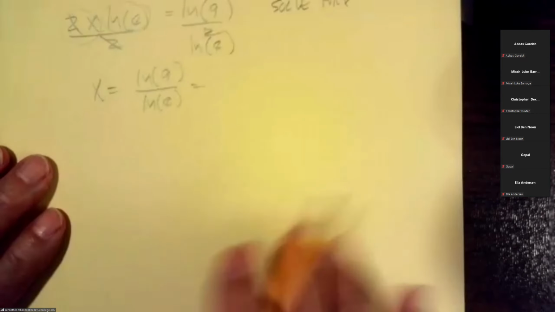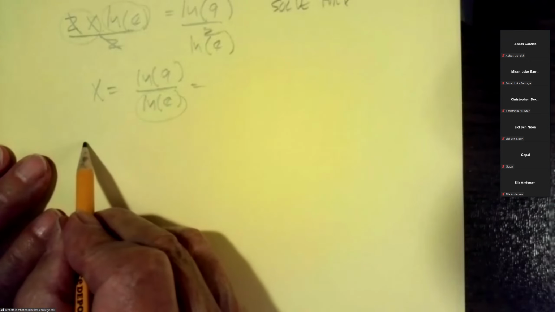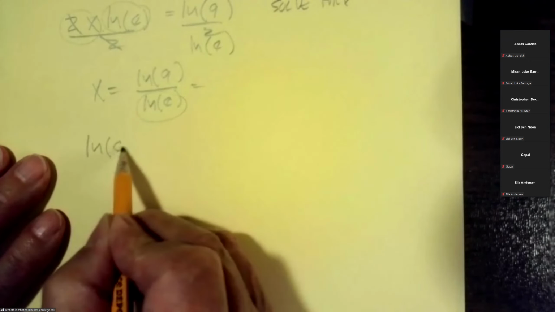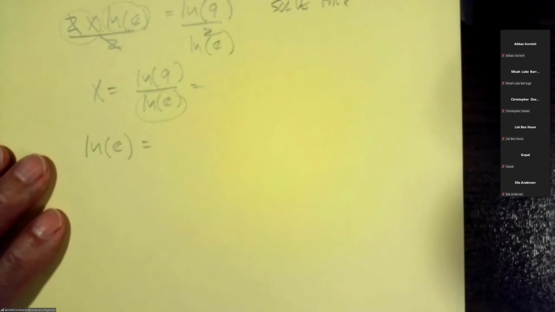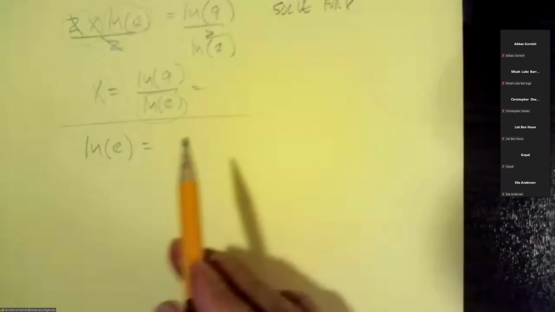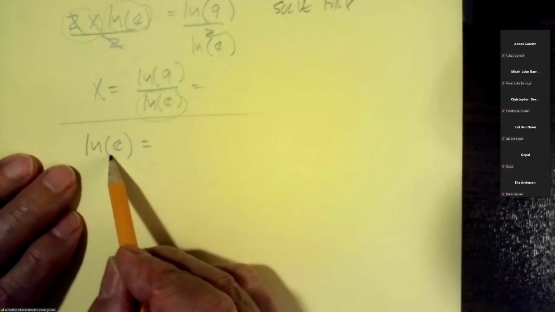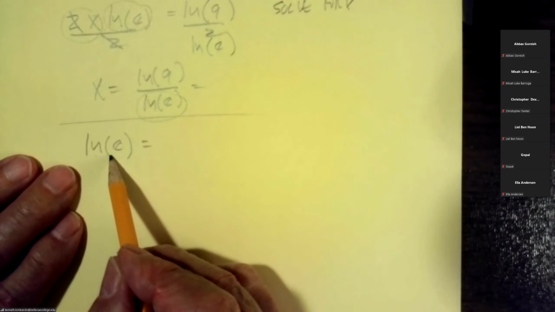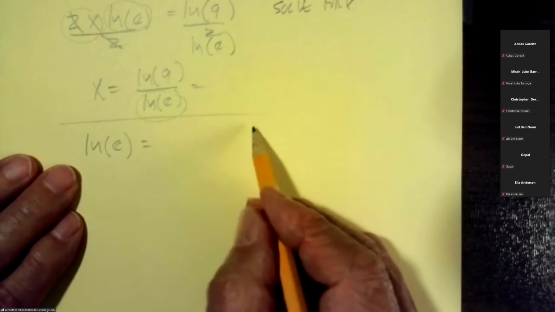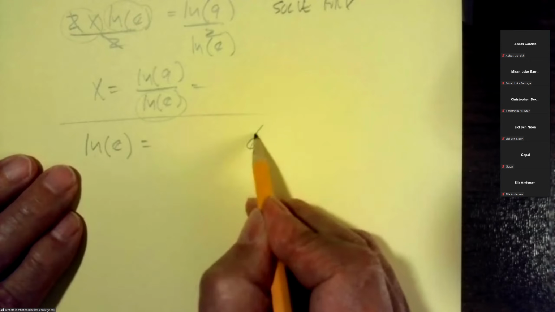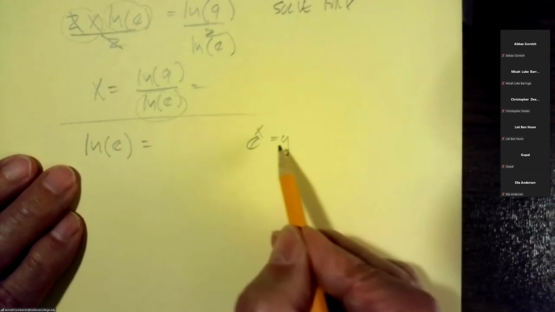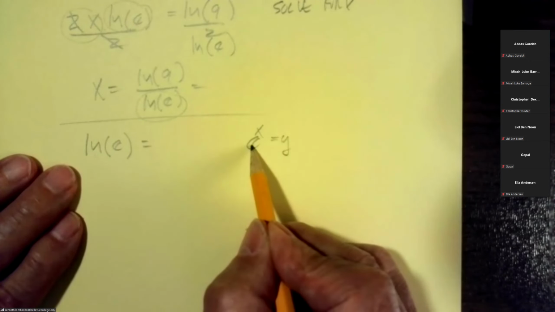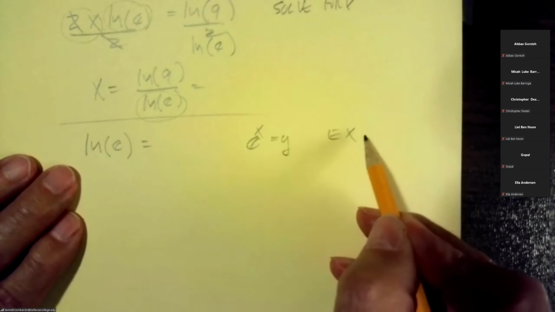Now I'm just looking at one problem, which is what is ln of e? We want to evaluate that. If you're looking at e to the x equals y, this is the exponential form.